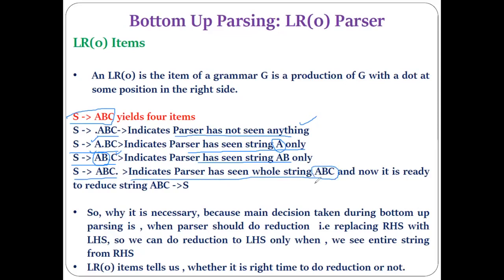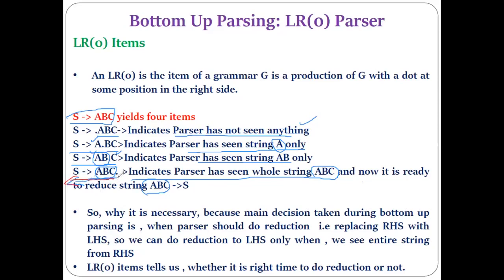The parser has checked and examined the string ABC, and now the parser is ready to reduce the string ABC. So the parser can reduce the string ABC to S now.